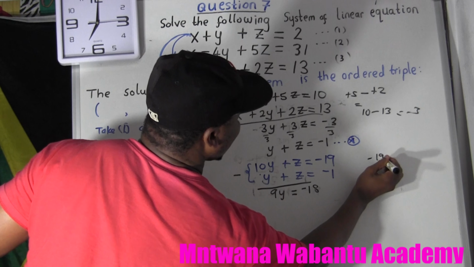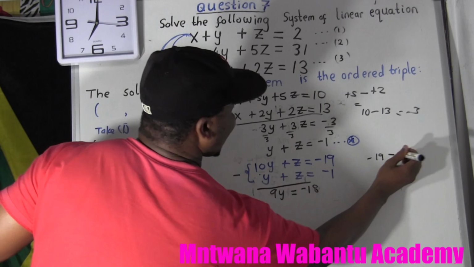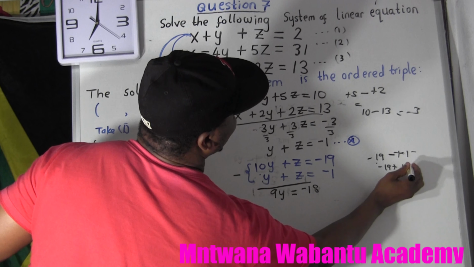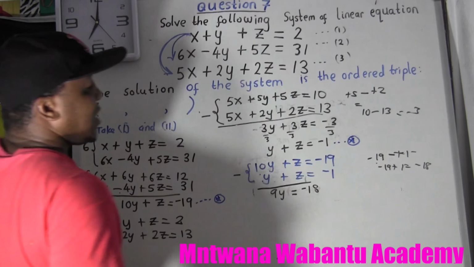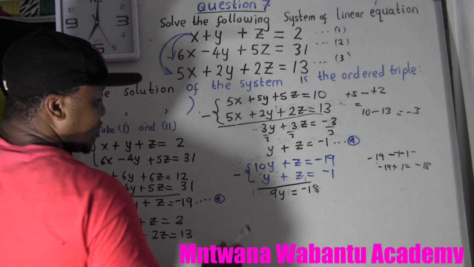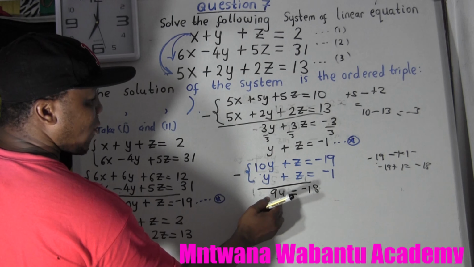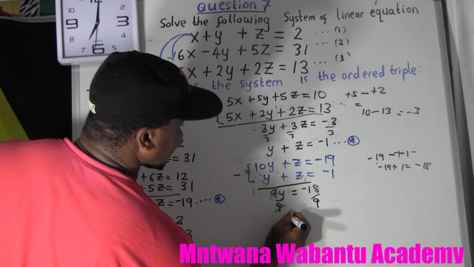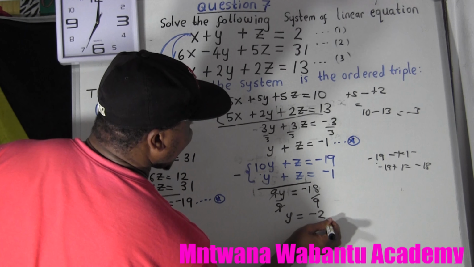So 9y equals negative 18. I can simply divide by 9, and y equals negative 2.